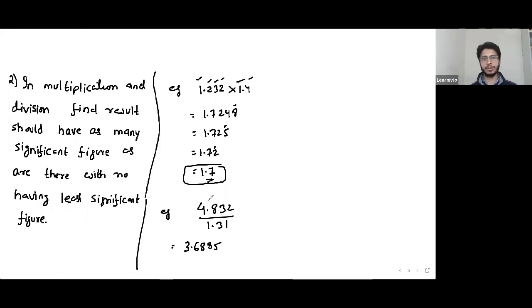The numerator has 4 significant figures, the denominator has 3 significant figures, so we'll round it off up to 3 significant figures. So let's round off this 5. The digit before 5 is even, so it is left unchanged. Now round off this 8. So the preceding digit is raised by 1, so that's 3.69.